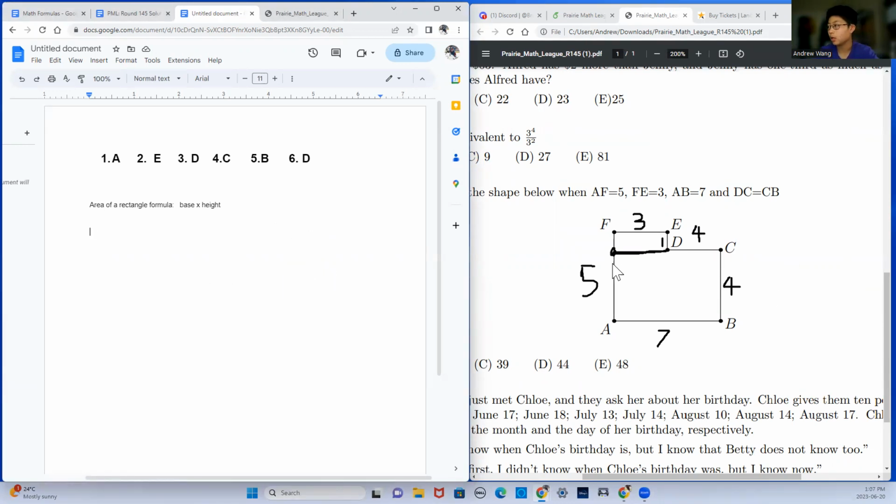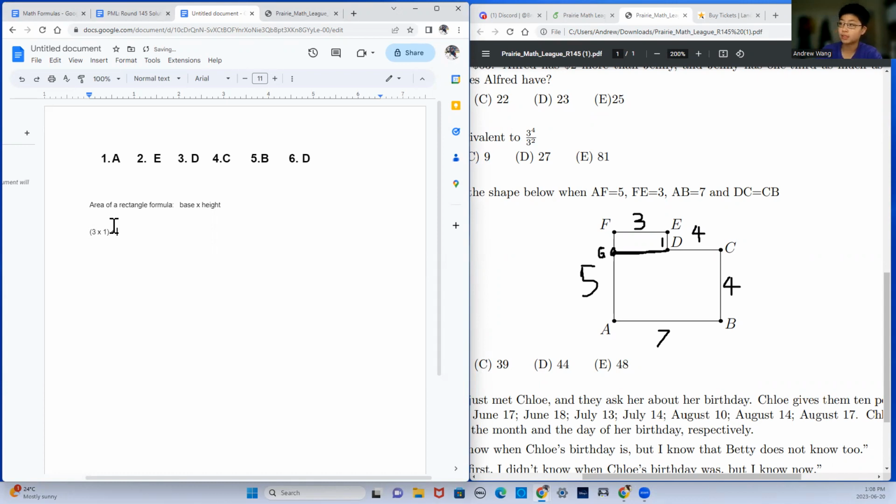So in the smaller rectangle containing the points here, or we'll just set this as G. That's G. In the small rectangle containing F, E, G, and D, the base is 3 times the height, which is 1. And we have the area.